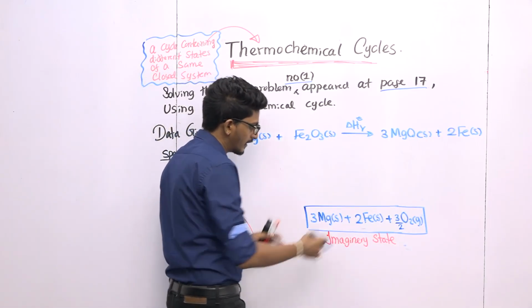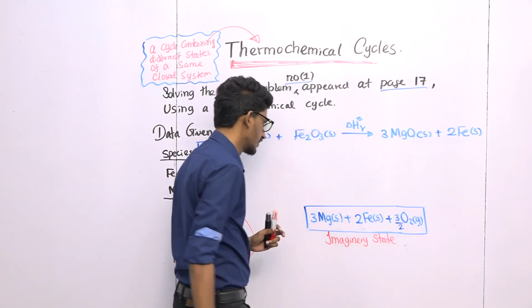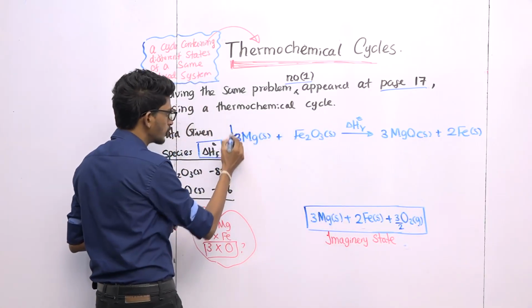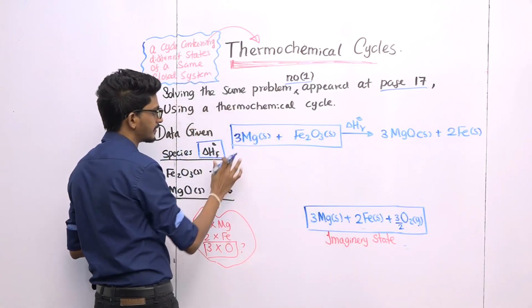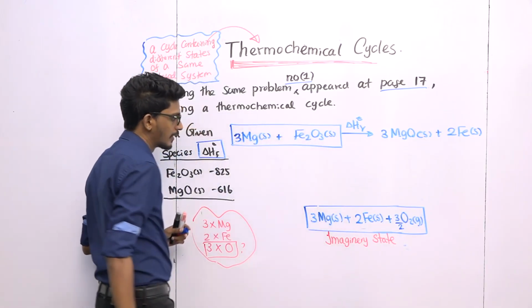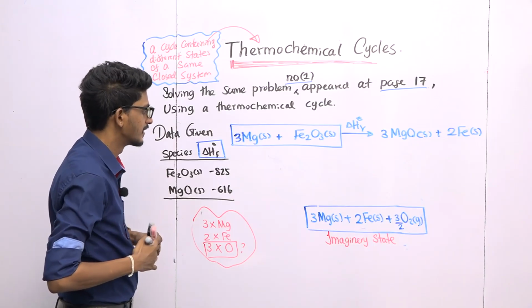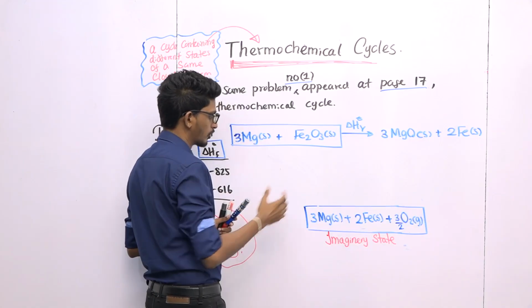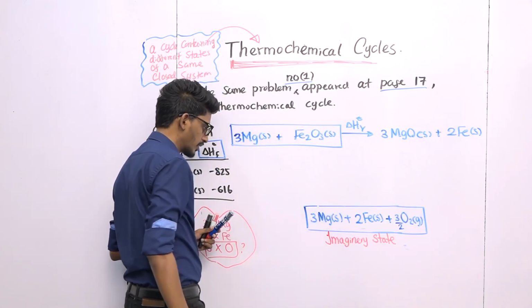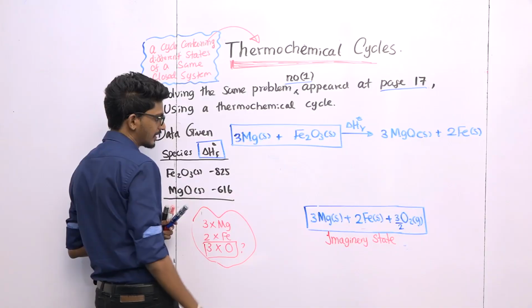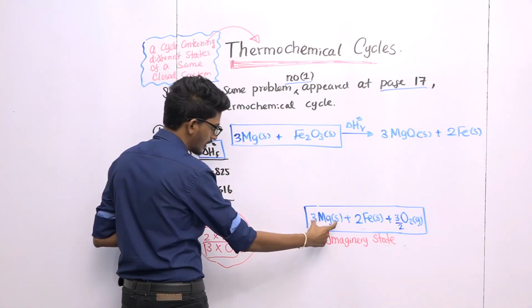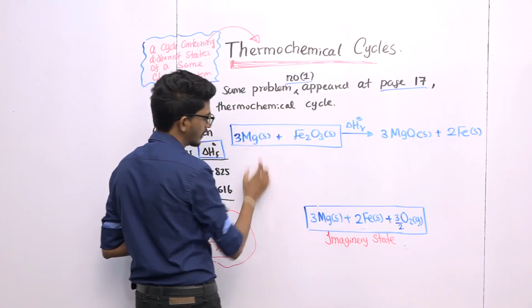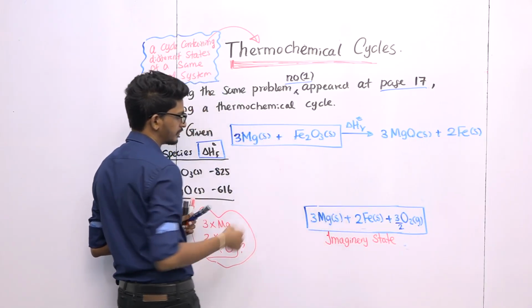Right? You can convert this imaginary state to this state. You can convert this imaginary state to this state. You can convert this state to this state by just converting these 2 guys to Fe2O3, because both the states we are referring to now have the same 3 magnesium solid atoms. So no change happened with the magnesium solid when converting this to this.